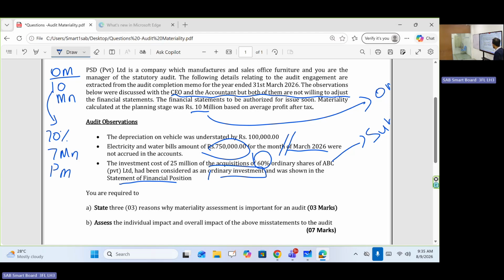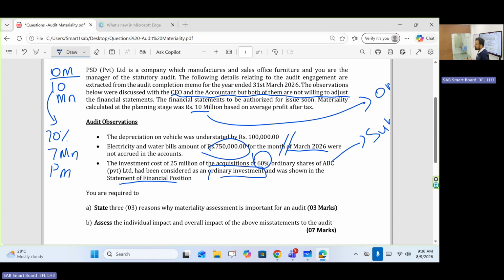The depreciation on vehicle, you should amend it like this: the understatement of depreciation on vehicle by 100,000.